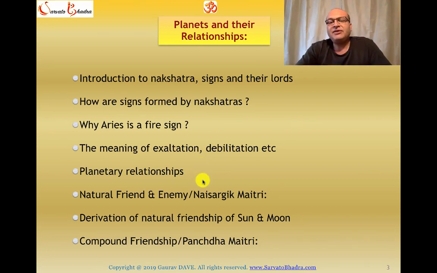Then we will focus on planetary relationships, what kind of relationships planets have with each other. First of all, we will talk about the Naisargik Maitri, that is natural, something that is based on natural makeup and natural conduct of somebody. For example, a few people find synergy very soon, and a few people, when they are together, are never in synchronization.